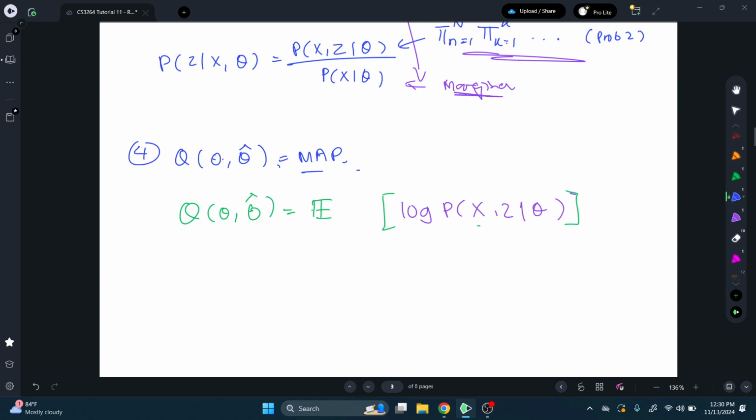For now, your expectation can only be done based on whatever you have observed, that is, z follows p of z given x and theta hat, your current set of parameters. So your expectation can only be done based on your current set of parameters. That's your key note here. Any questions so far?